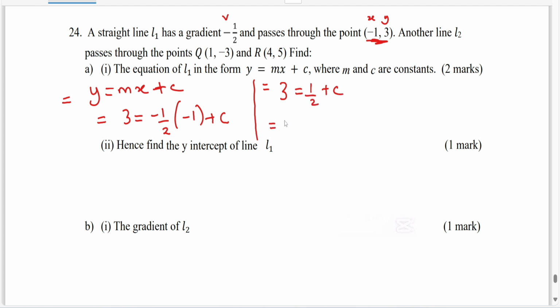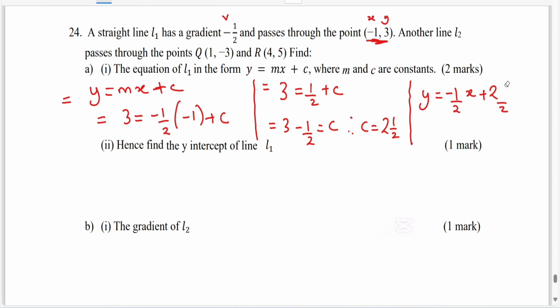Move the half to the other side, it will be 3 minus 1/2 equal to c. Therefore c is equal to 2.5. So the equation should be y equal to -1/2 x plus 2.5. So plus 2.5, this is your answer.